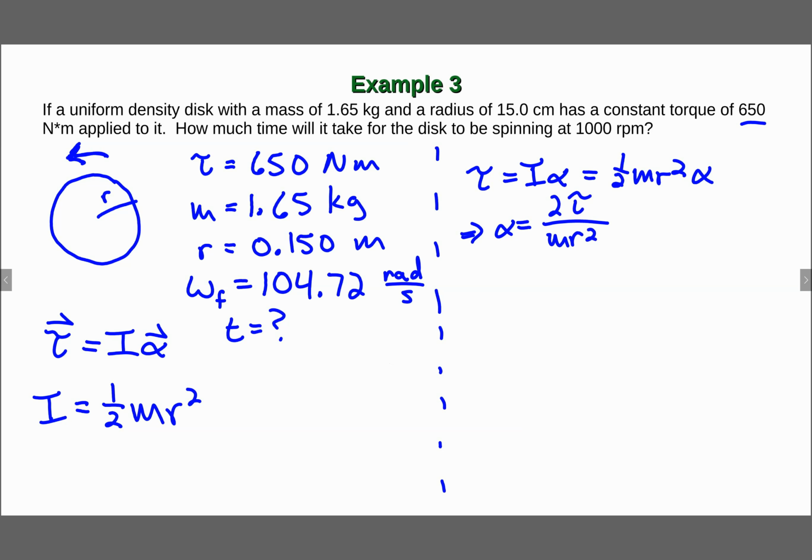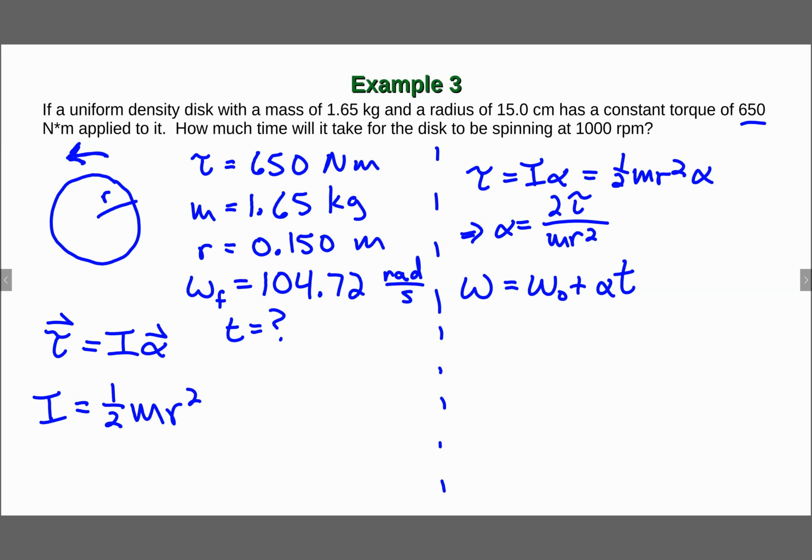Okay? And then we're going to apply the tool of kind of the rotational analog of kinematics. Okay? So we're doing rotational kinematics, and we have omega equals omega naught plus alpha t, right?